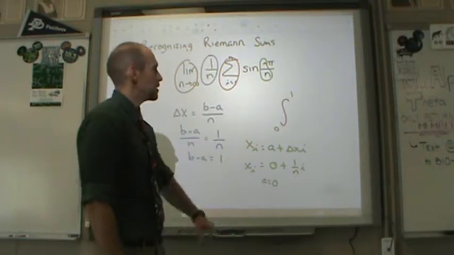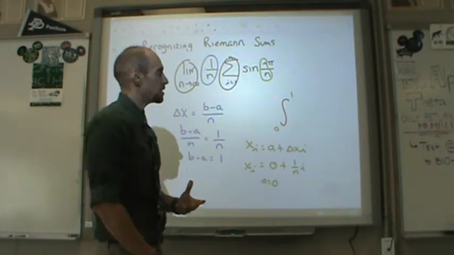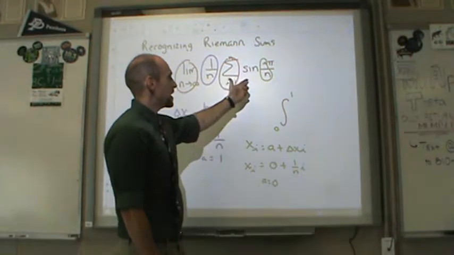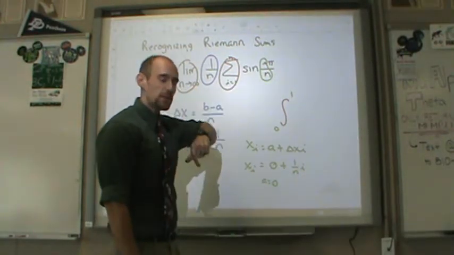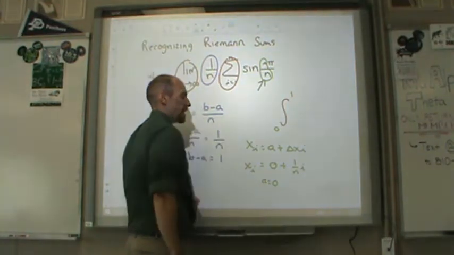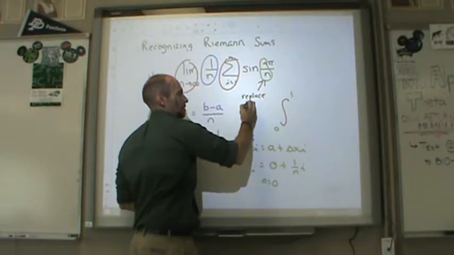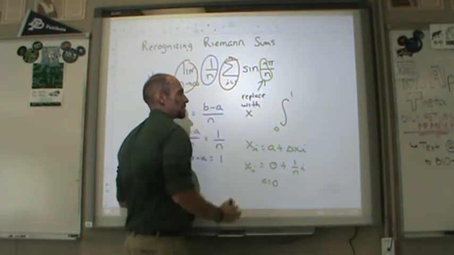What I need to do now is look at my original Riemann sum, and everything that's left is my actual function. So I have a sine and a pi. What I'm going to do is replace that x sub i with x.